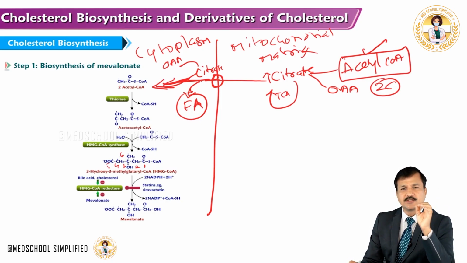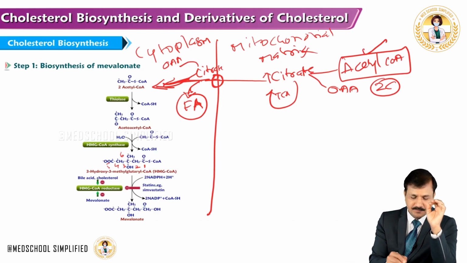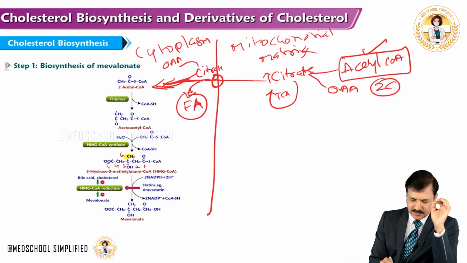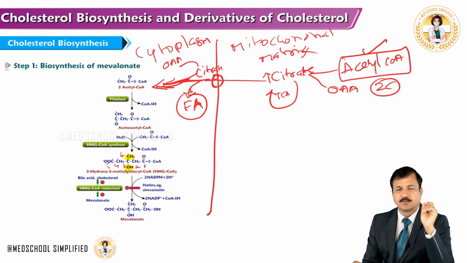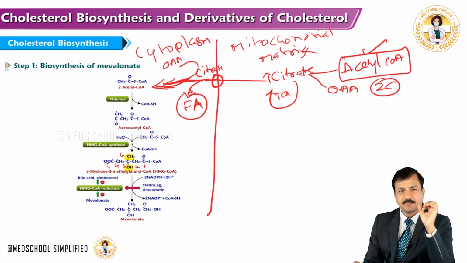The third carbon is also called the beta carbon, because the second carbon is alpha, the third carbon is beta. The third carbon is attached with a methyl group, and also with a hydroxyl group. I have highlighted that here now.